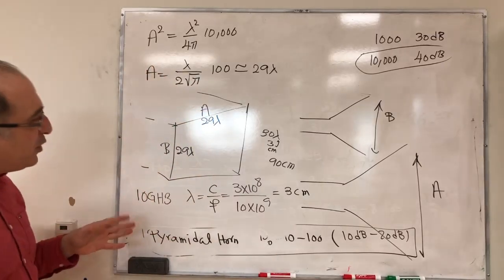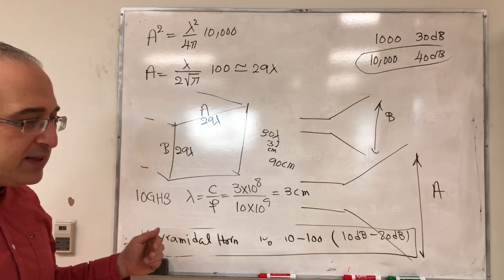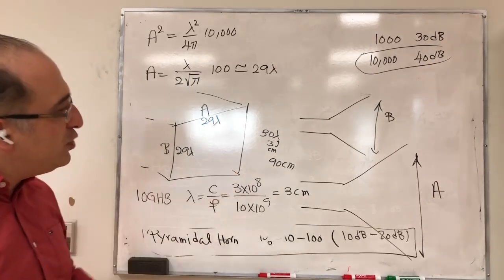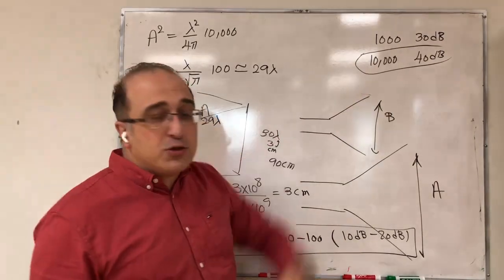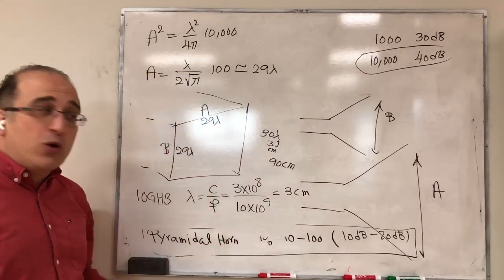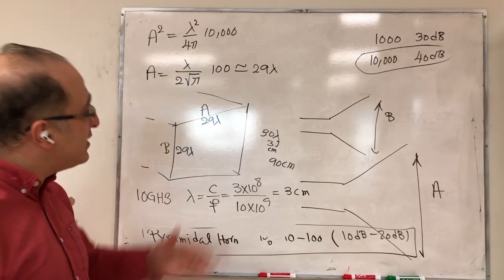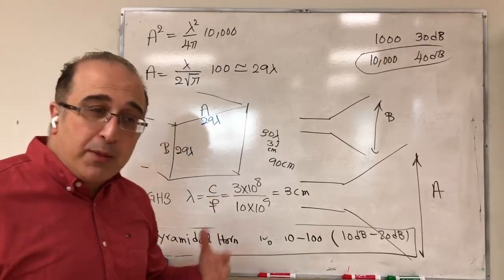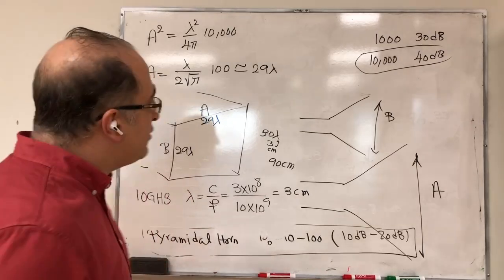So at this point you might say, okay, if I make a horn antenna with the aperture close to 90 centimeter, probably I can get close to this. And that's actually correct. If you do that, then you can get to 10,000 directivity. Keep in mind that we did some approximation here. For example, we assume aperture efficiency is 100%.